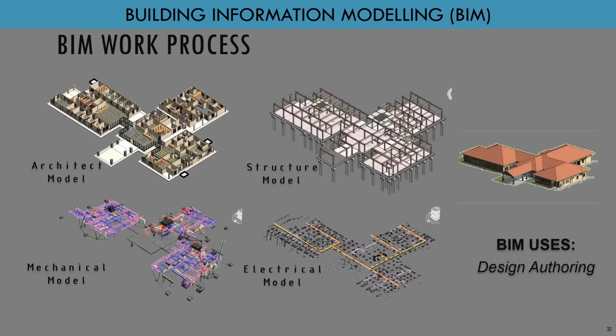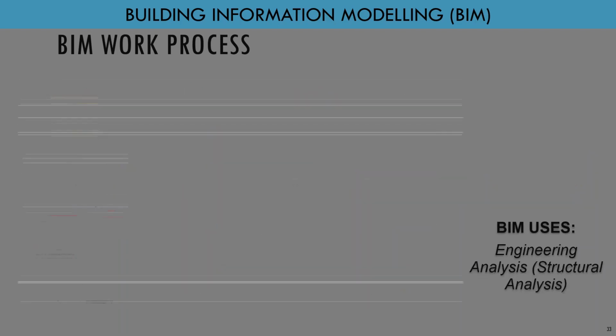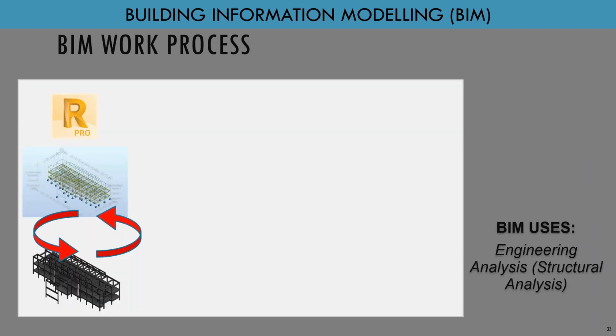This is some example when we have already done the BIM model: the architect, the structure, the mechanical, the electrical. We have already done all of these models. This is an example for the structure, engineering analysis. If they use Robot Structural Analysis, they can simply export to Revit.